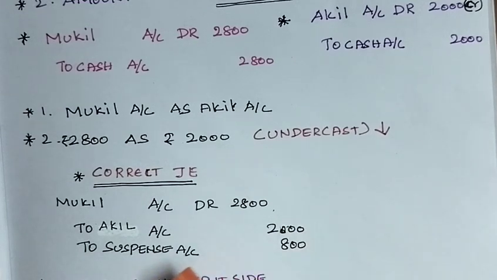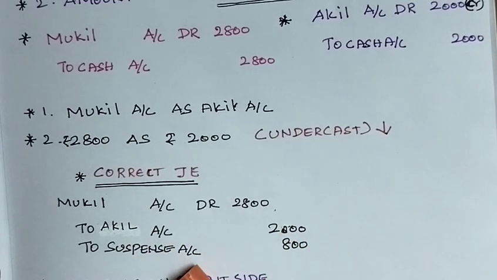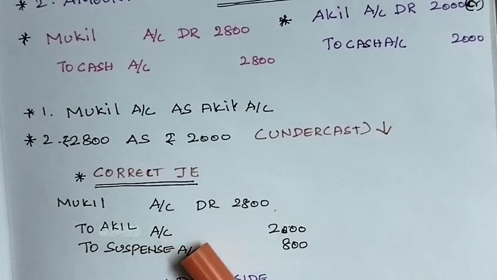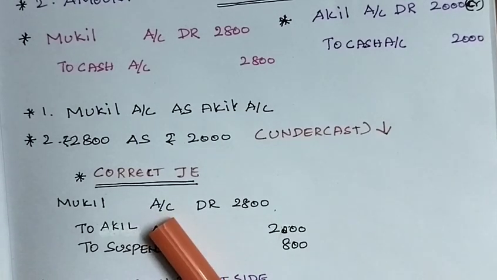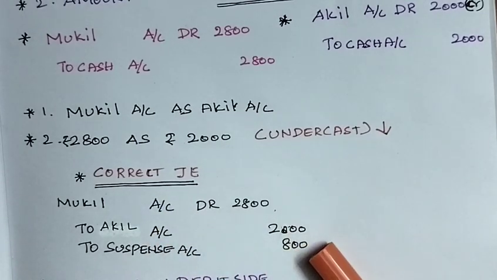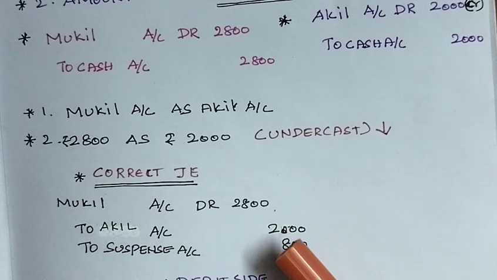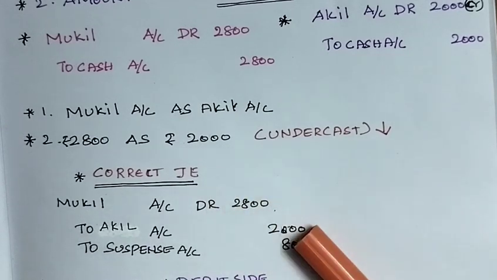So to compensate for that, we have to create the suspense account on the credit side to tally the trial balance. In other words, debit always equals credit. So to suspense account 800 rupees entered. Now debit and credit both sides are equal.